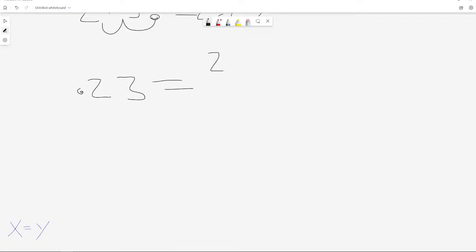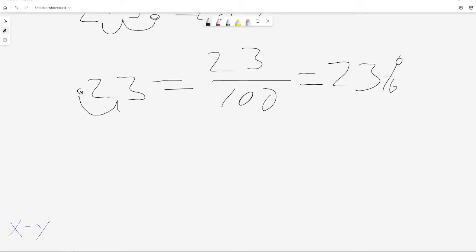So we just turn it into 23 over 100. 23 over 100 equals 23%. The easiest way to do this, move it to the left 2 spaces. So now you have 23. Add the percent sign.